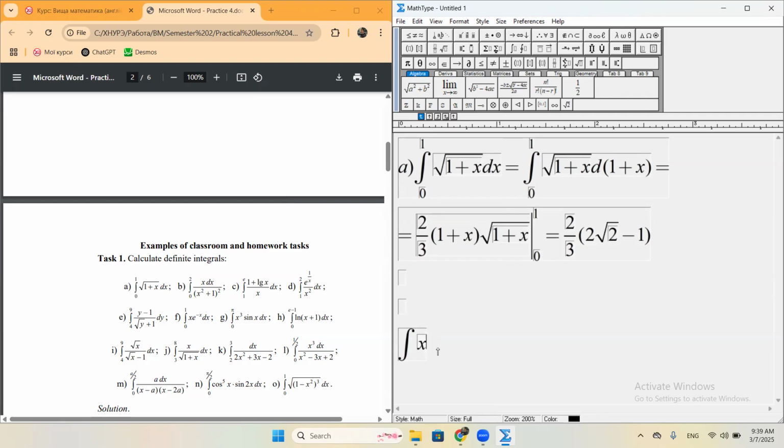So let me remind you of the table: this is the integral from the table, 1 over alpha plus 1. Here we have 3 over 2, but we need to divide by it, so 2 over 3. Have I answered your question? Yes, thank you, I see. So be attentive. Okay, more questions?